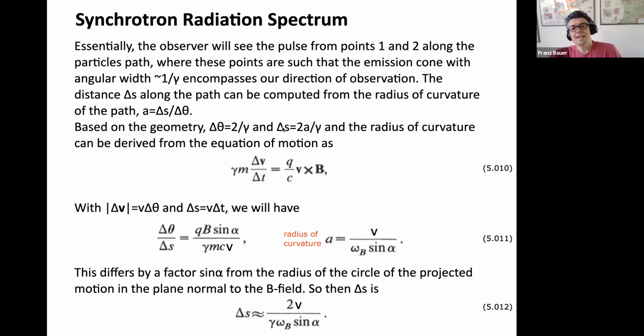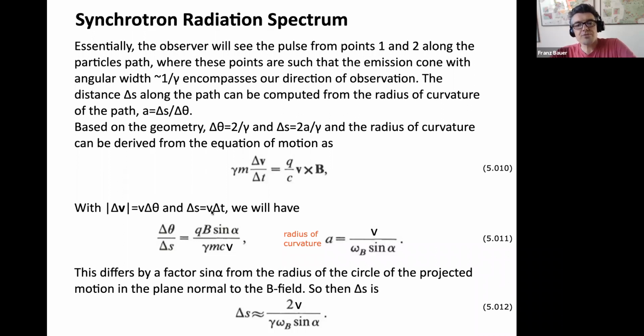We can then plug in our equation of motion. This acceleration was proportional to the cross product of velocity times the magnetic field. For delta V, it's going at a constant velocity for the moment, multiplied by the change in angle.